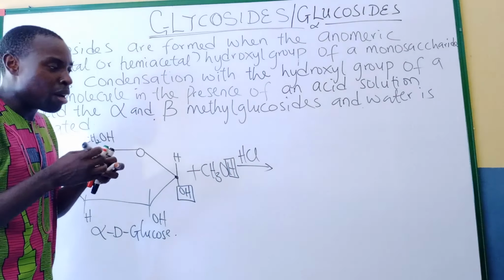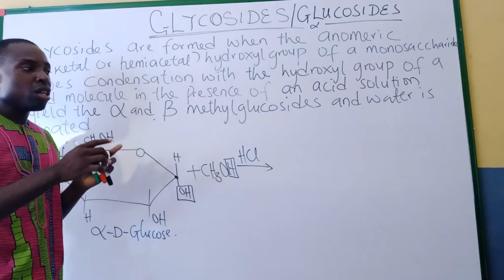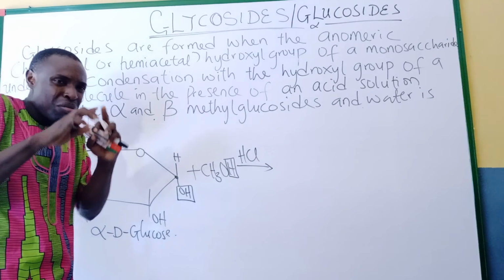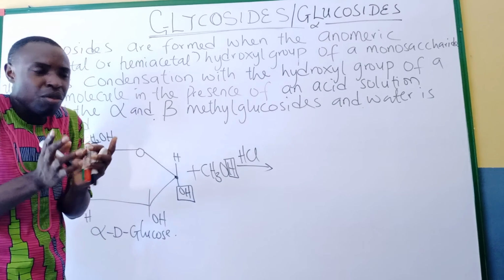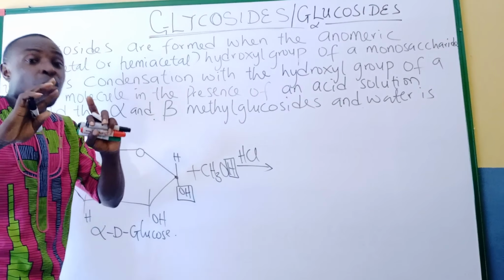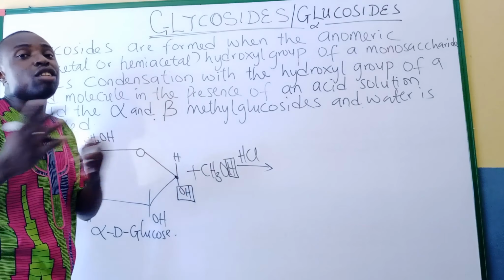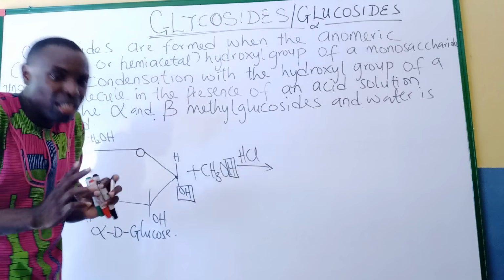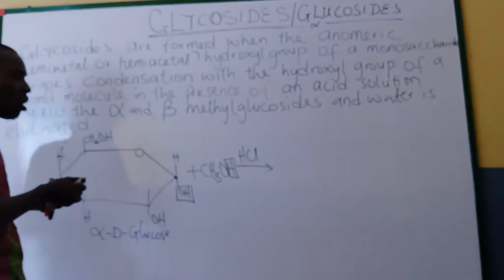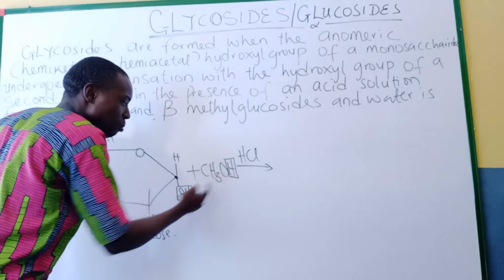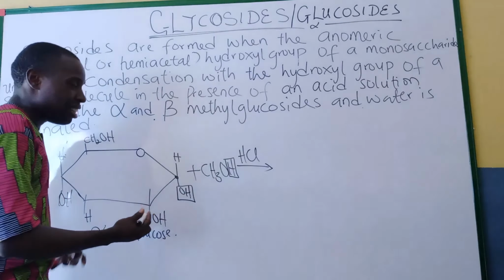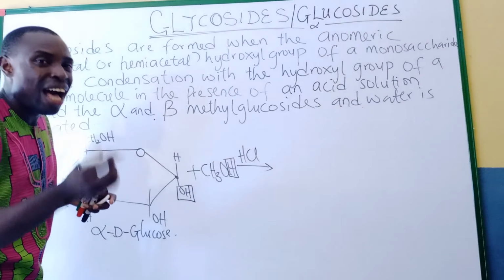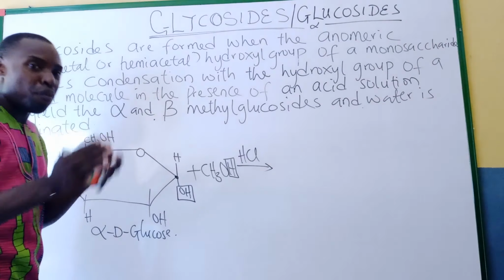Now, we might not really want to go deeper here because this reaction mechanism in depth falls under what we call the nucleophile and the electrophile, which in our subsequent video we will take our time to treat properly. Now, what happened? Water is formed. Now, remember, this reaction will yield an alpha and beta form.